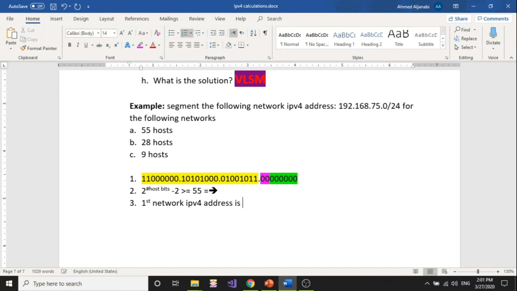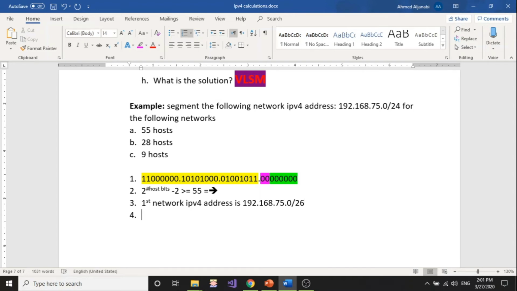So basically 192.168.75.0, sorry, not 0, just 10, but the prefix is going to be, instead of 24, 26. Why 26? Because I'm borrowing 2 bits. So that will be my first network IP address.